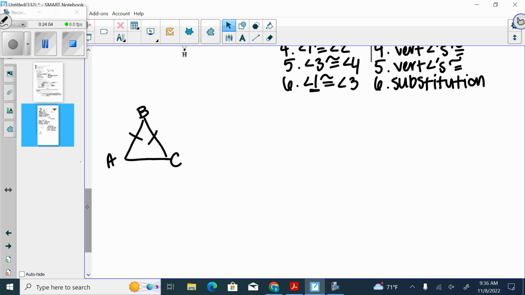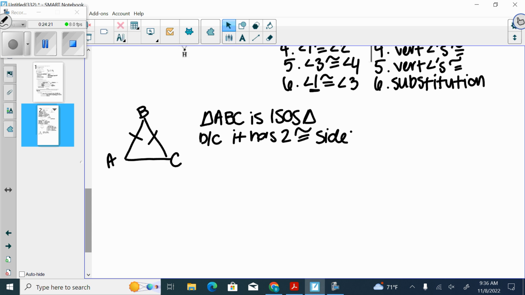Okay, so what we should take away is that triangle ABC is an isosceles triangle because it has two congruent sides. All right? And then, because of this, we knew that it had the two congruent angles, right?